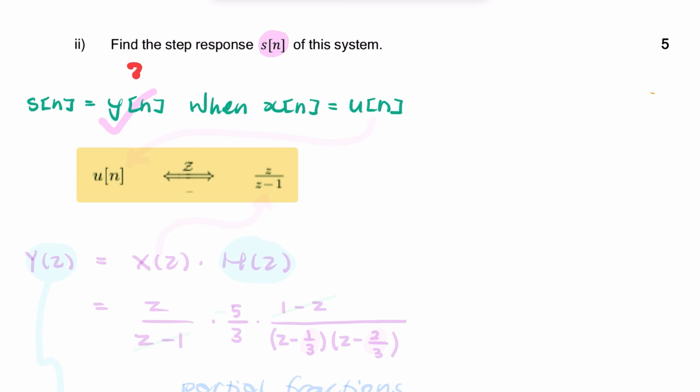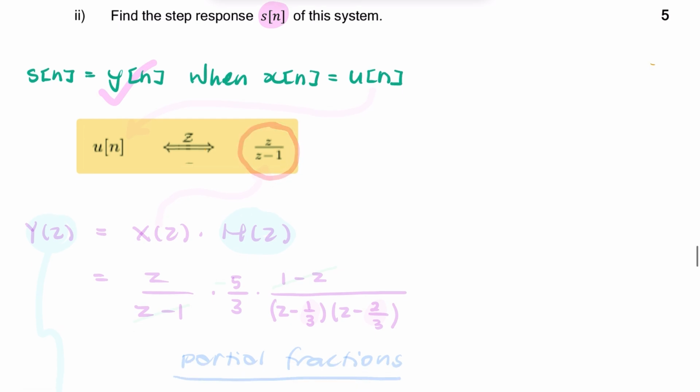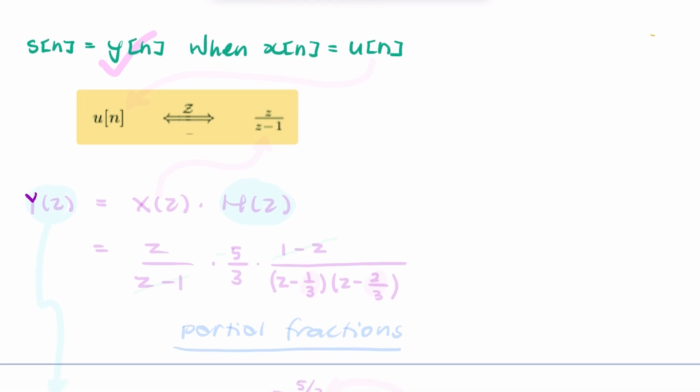Now, to find that, we would start with the z transform of the unit step. Or another way to say that is, what we want is y of z when x of z is the z transform of u of n. So y of z equals, by definition, the input multiplied by the transfer function.